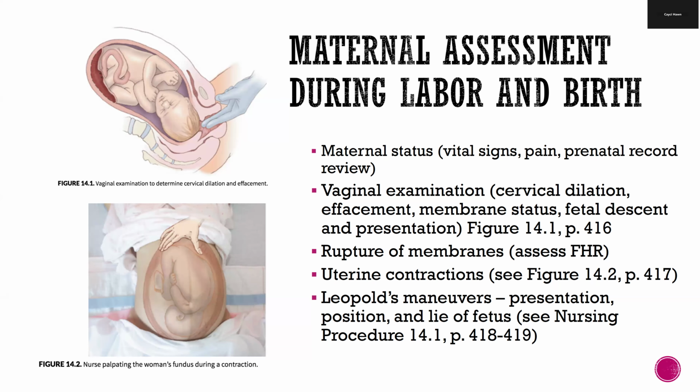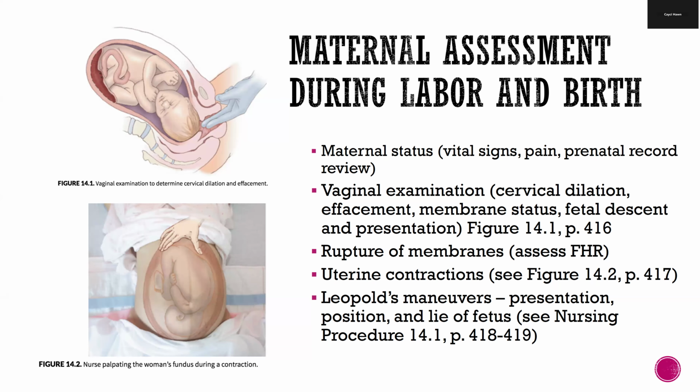Now, when the client does have rupture of membranes or her amniotic sac ruptures, then the first thing we are going to do is assess the fetal heart rate. That is a big thing. That's a huge answer to a lot of questions on your prioritization on what do you do first.